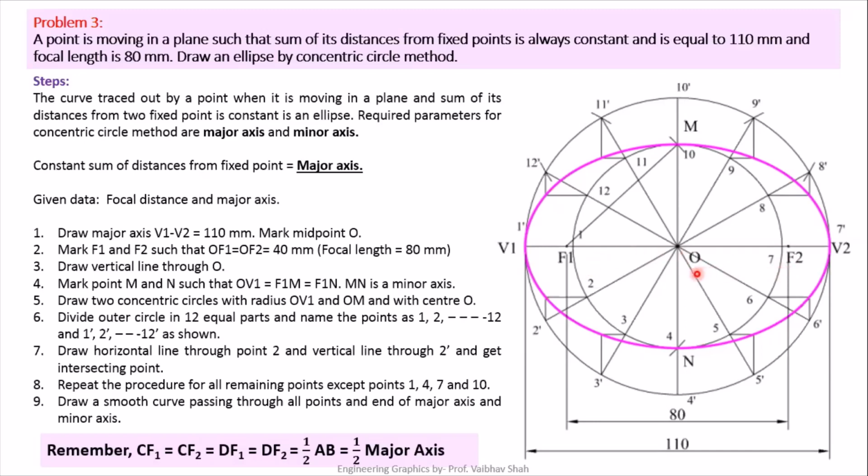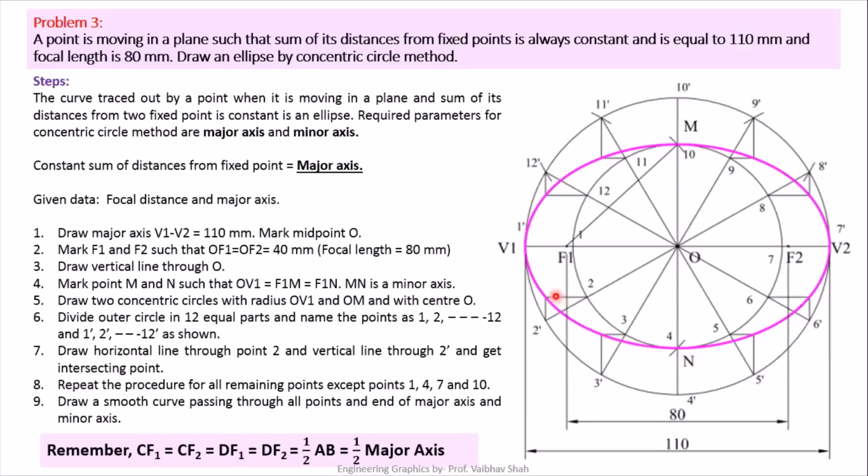Now we'll draw one vertical line from O on which there will be points M and N. We don't know where they are situated, so we take half the major axis, OV1, on our rounder. We put our rounder at focal point F1 and cut this vertical line somewhere here to get the end point M of the minor axis. Similarly, we cut this vertical line downward to get point N.